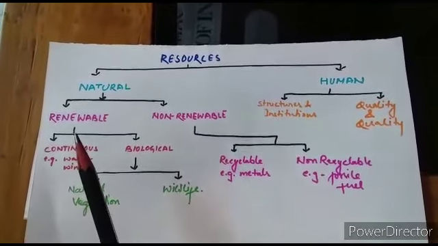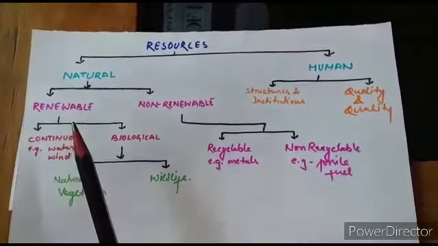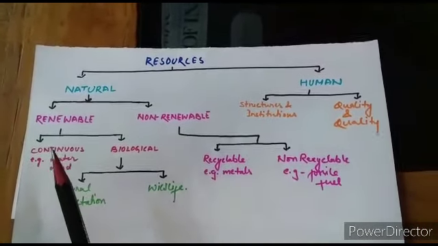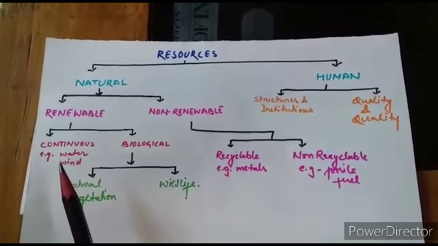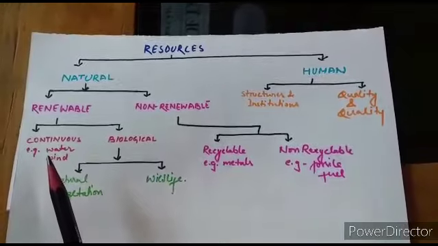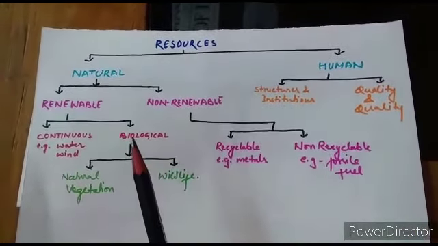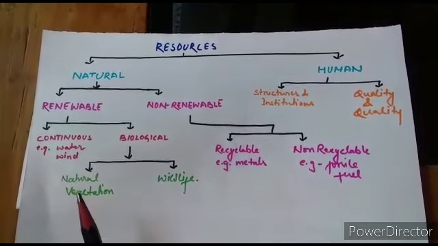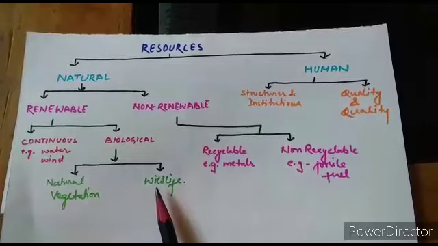Renewable resources are those which can be renewed, which can be reused. They can also be divided into two parts: continuous, like water and wind, which we are getting continuously, and second is biological. This biological resource is again divided into natural vegetation and wildlife.